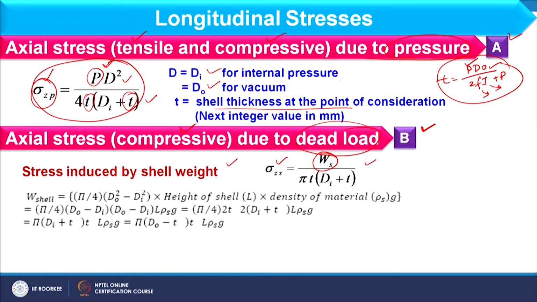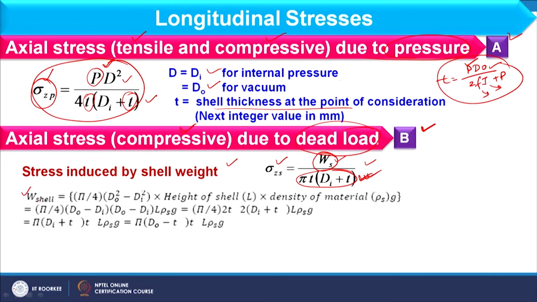What is this? d_i plus T is the average diameter, pi into d_i plus T is the average perimeter, into T. So, this is the area where this Ws will work. In that way Ws is the load acting on the shell.